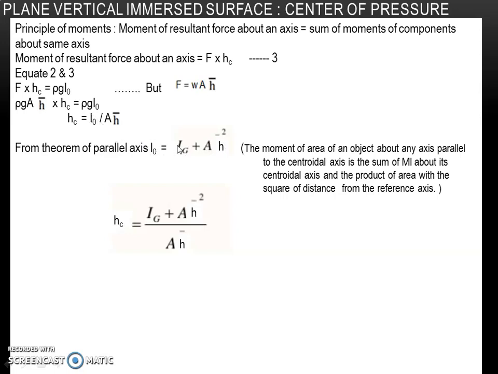So we will write I naught as Ig plus A h bar square, with which we will get final expression for hc as Ig plus A h bar square divided by A h bar. So with this we will be able to find the point at which the resultant force F would act.